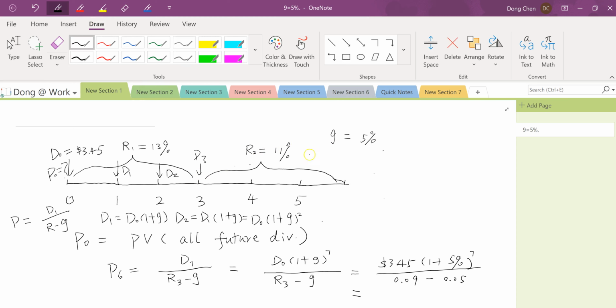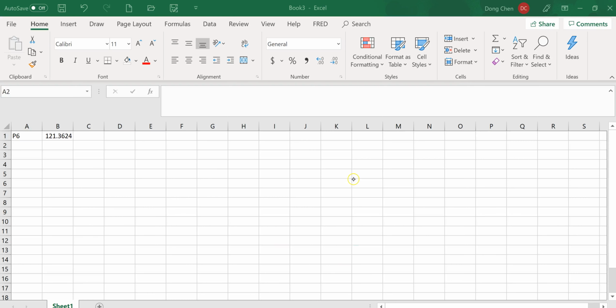So this is P6. This is now as if the investor knows that by the end of 6 years, the price of the stock is going to be P6, and P6 is just calculated to be $121.36.